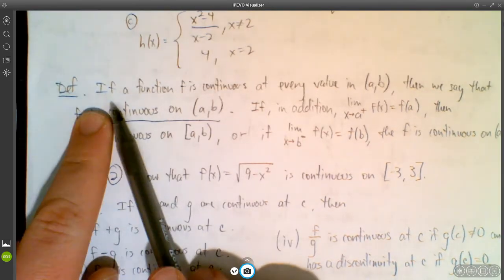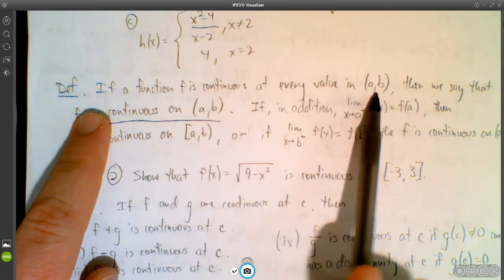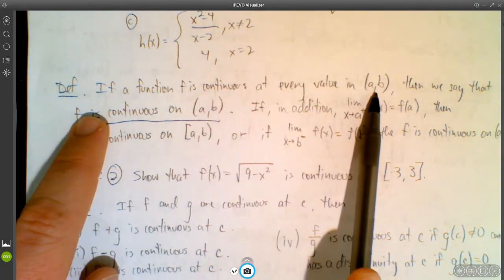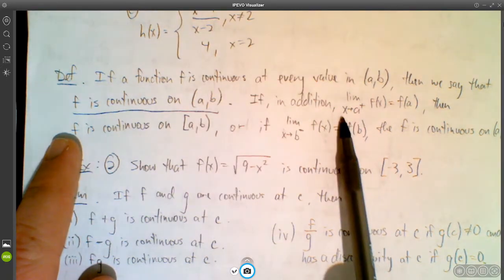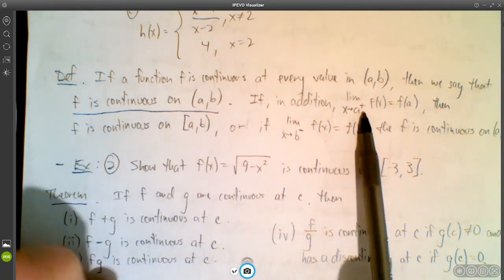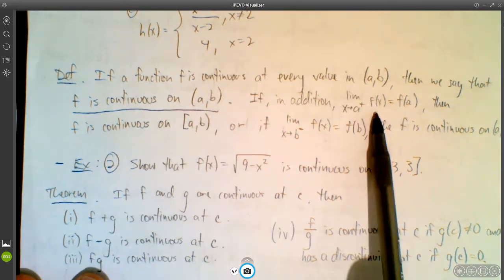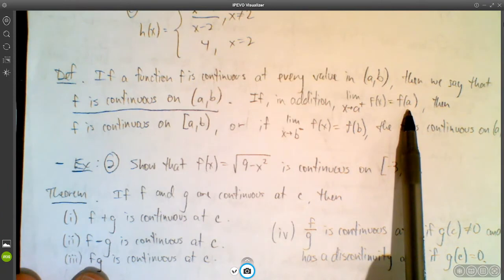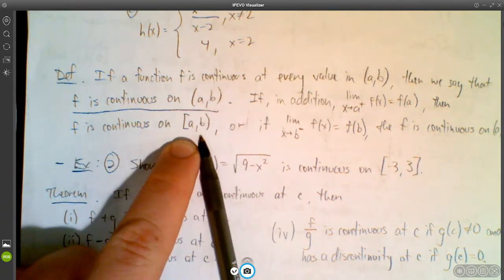So if a function f is continuous at every point in some open interval (a, b), then we say that f is continuous on (a, b). Now, if in addition to that, the limit as x approaches a from the right-hand side of f of x is equal to f of a, then we can say f is continuous on this half-closed interval, right?